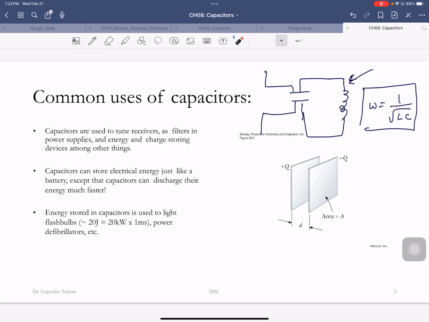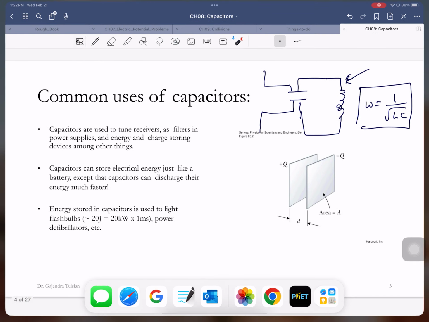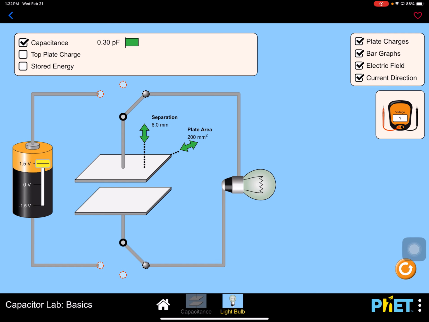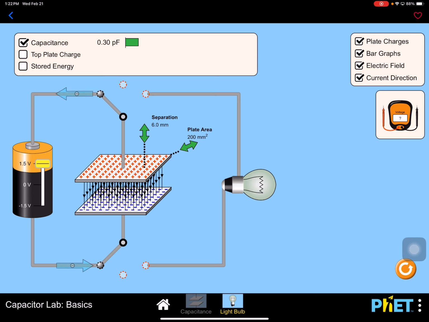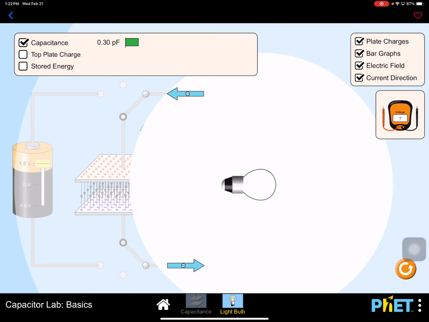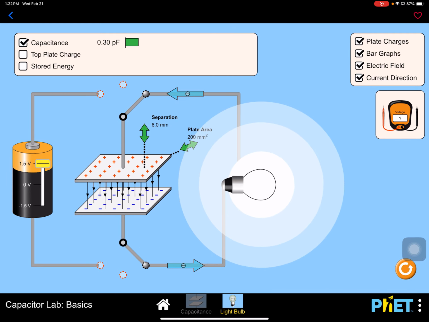So that's the key. For instance, you saw the flash bulb. You charge this capacitor and you discharge it through that flash bulb.